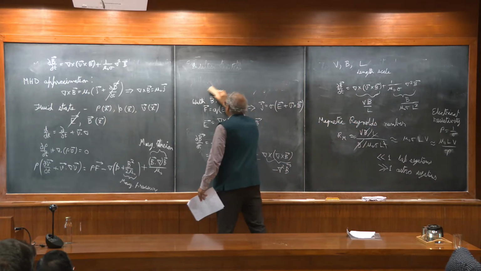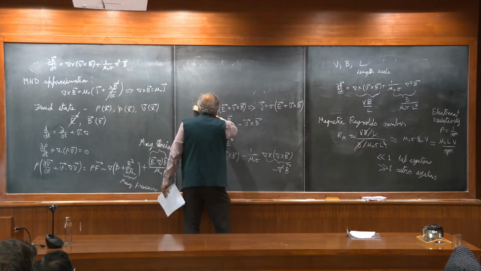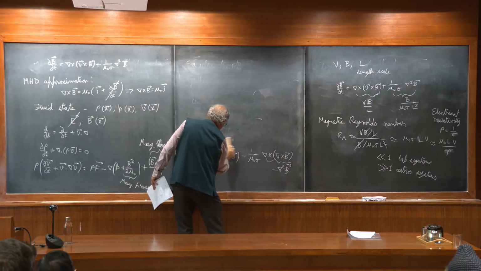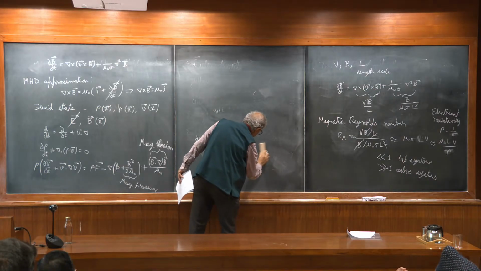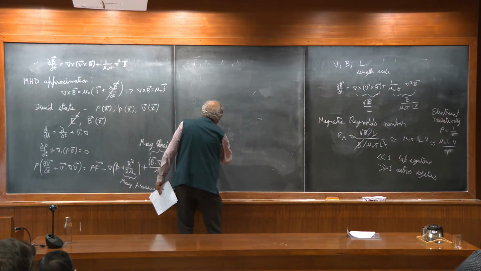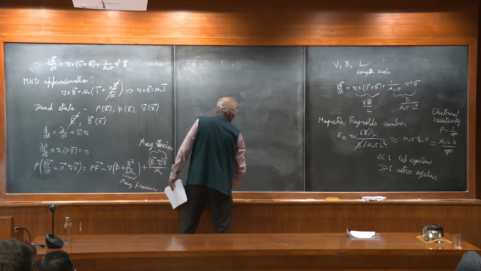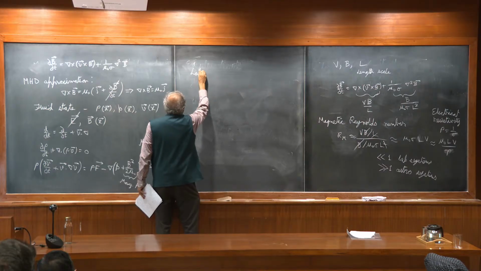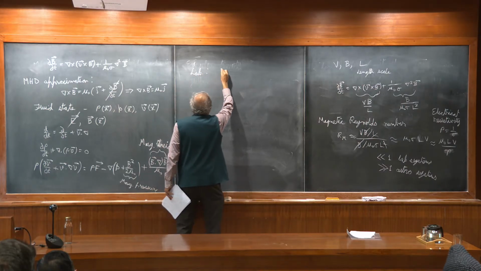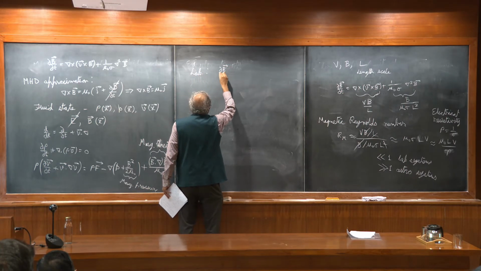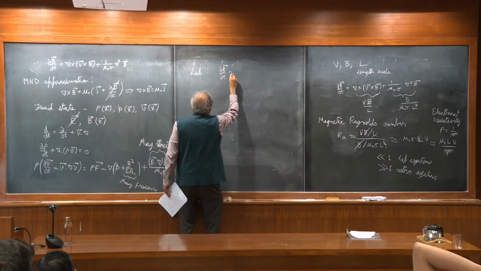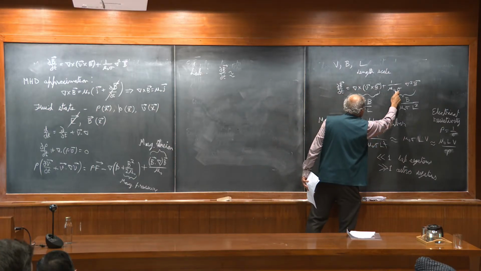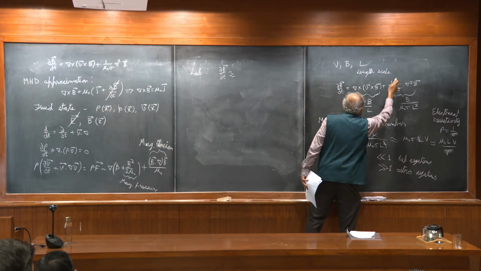In the lab situation, we can often write it like this: this is the dominant term, and instead of sigma we can put rho here.